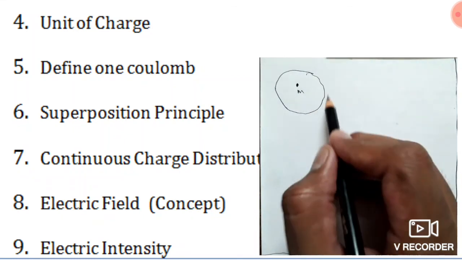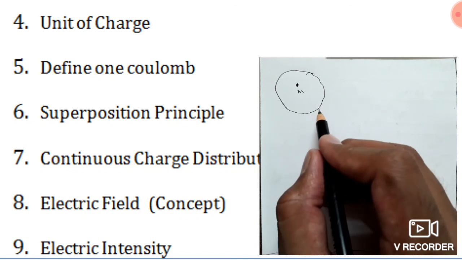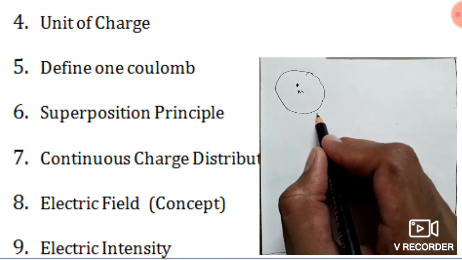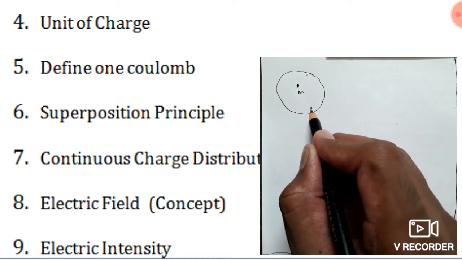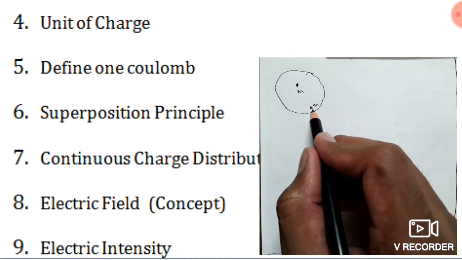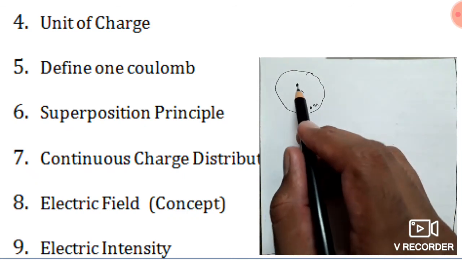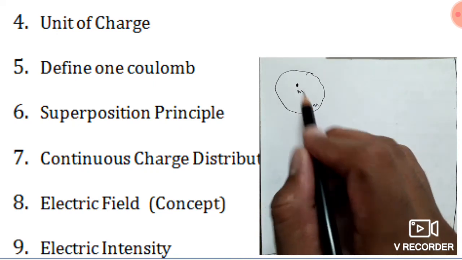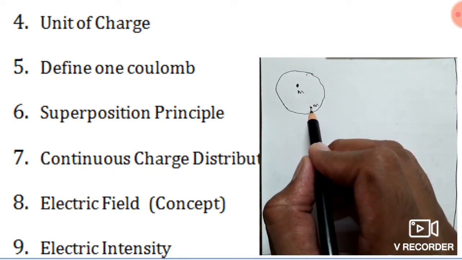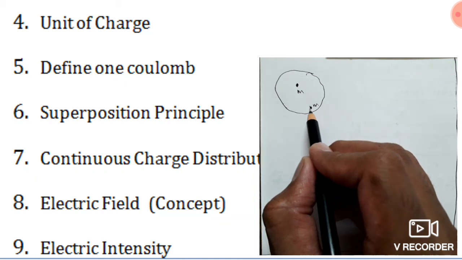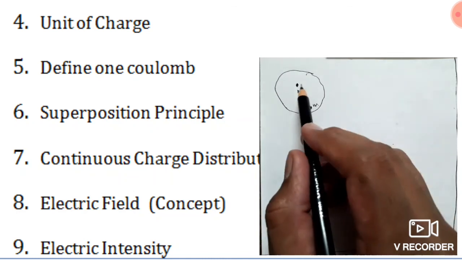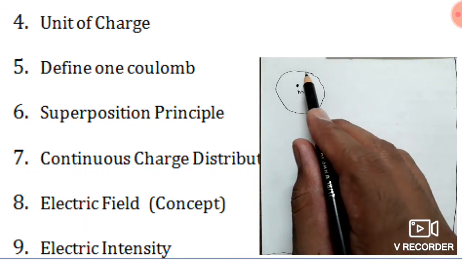Newton's law of gravitation tells that when we bring another mass in this gravitational field, these two bodies will attract each other. Every two bodies in the universe attract each other with a force of attraction. So due to mass there is a gravitational field.